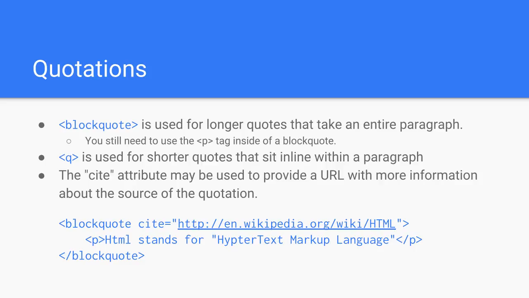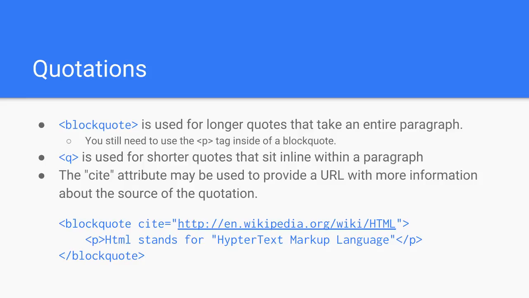We still probably need to use a paragraph tag inside of our block quote. You could have a block quote that's multiple paragraph tags, but the block quote is just indicating that anything inside that is a quote. We still need to mark up the content inside the quote as well. So it might be a paragraph tag.